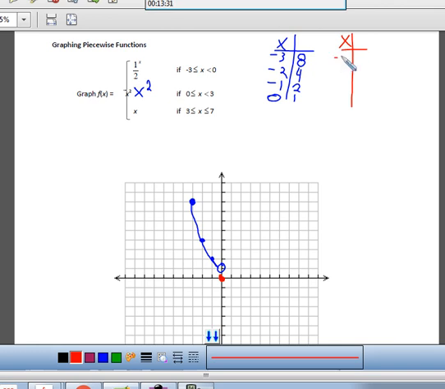And it's going to go from 0 up to 3: 1, 2, 3. And then for the linear, you're going to do from 3 to 7. Yeah, 3, 4, 5, 6, 7.